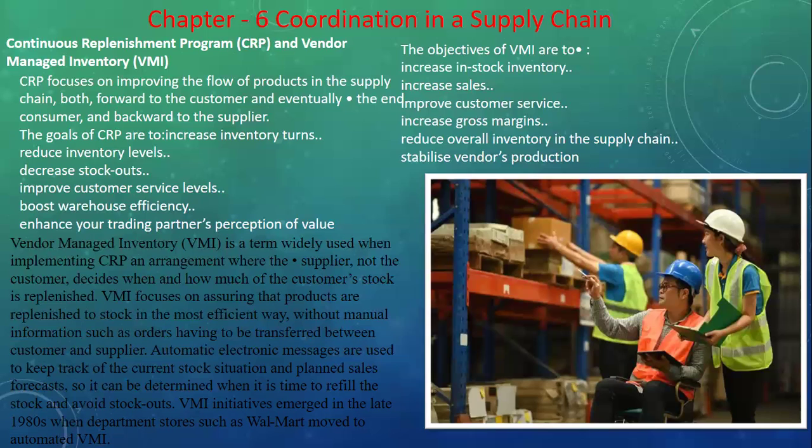Automatic electronic messages are used to keep track of the current stock situation. For example, in a mall there is a billing process in which the scanner records the products sold. If 100 units were available in the mall and some are sold, the scanner shows only the remaining availability. These automatic messages keep track of current stock situations and plan sales forecasts.